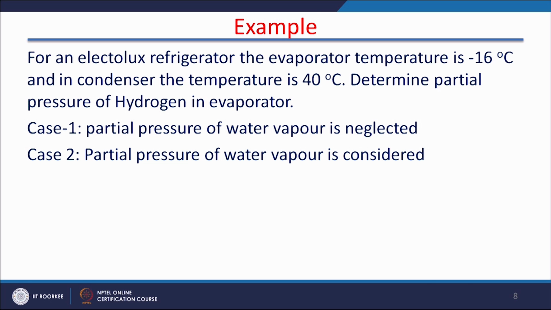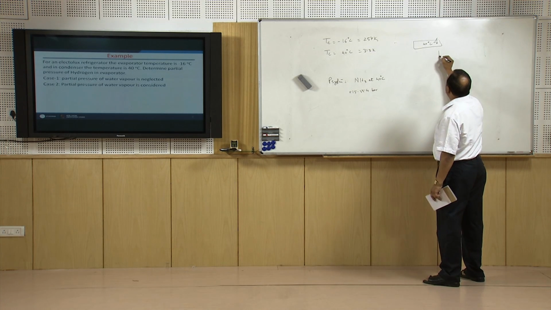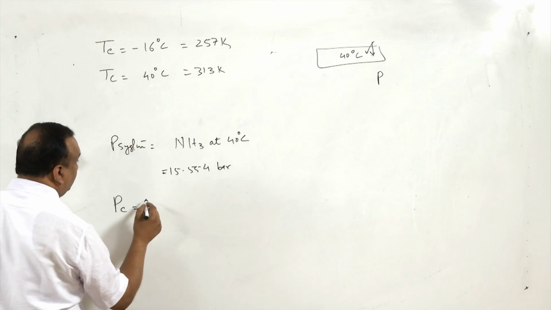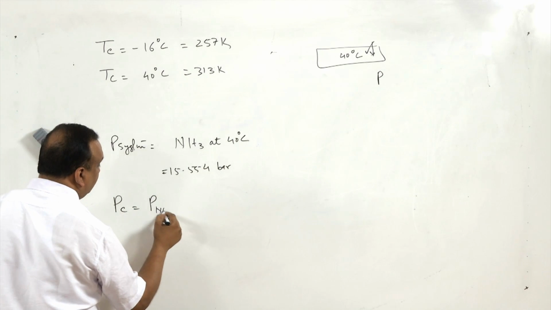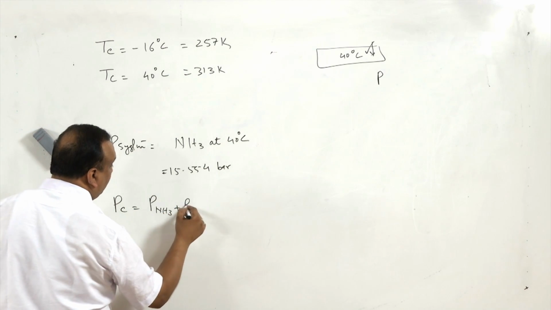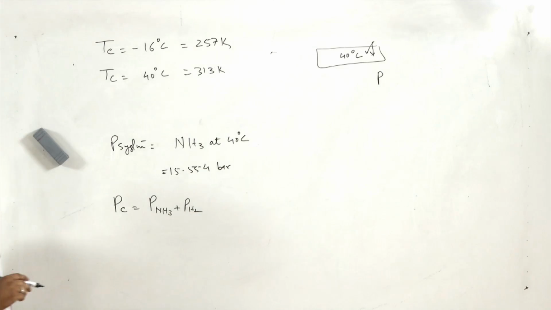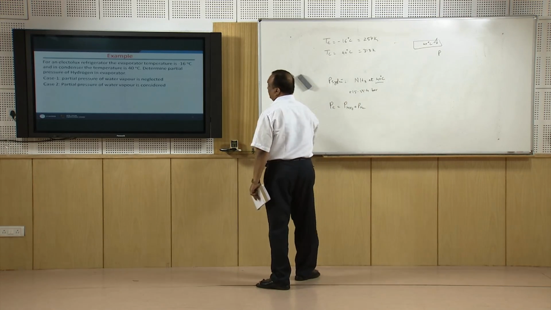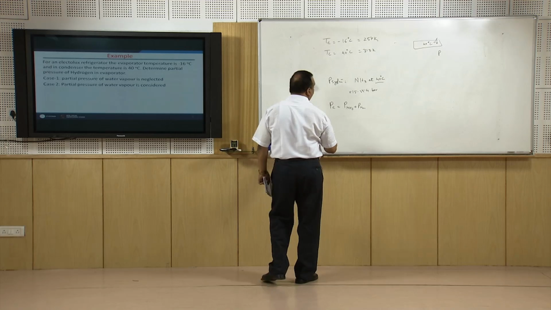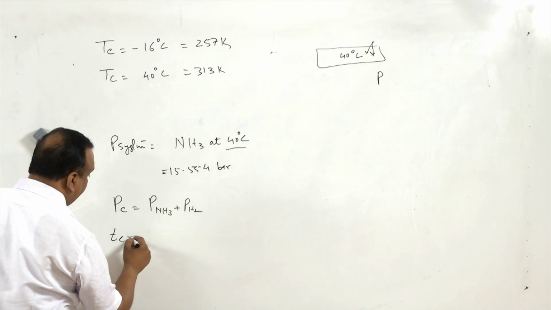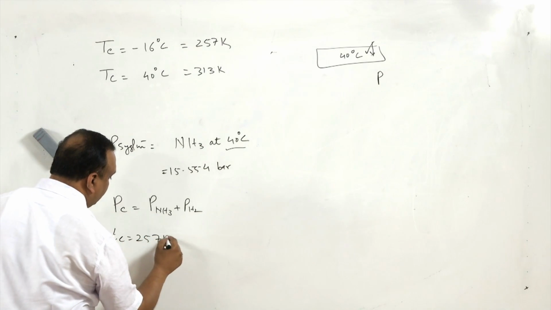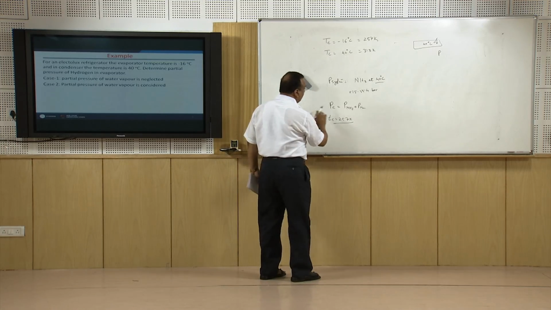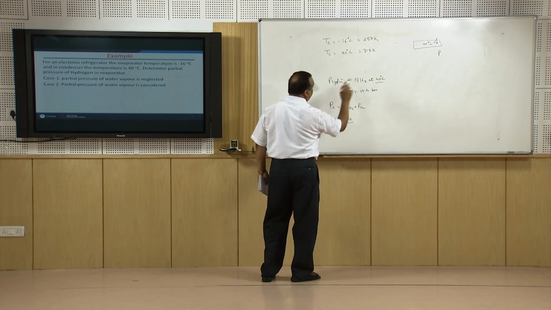Now, in the evaporator the total pressure is equal to the pressure of ammonia plus the pressure of hydrogen. But it is not the pressure at 40 degrees centigrade. Evaporator temperature is 257 Kelvin. So at minus 16 degrees centigrade, the pressures of ammonia and hydrogen in the evaporator add up to the total pressure.